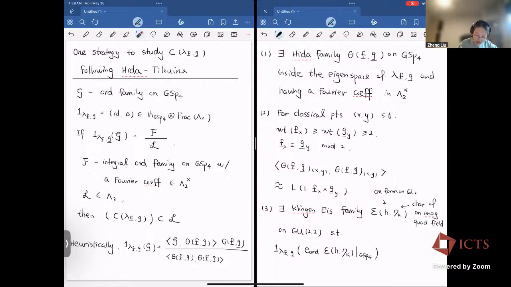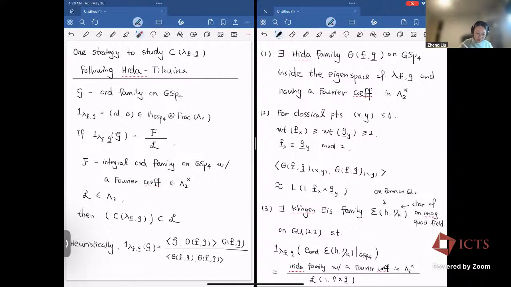And okay, then this will be equal to a Hida family with a Fourier coefficient in Λ² cross, then divided by the two variable p-adic Rankin-Selberg L-function for f and g, which interpolates L values at 1.